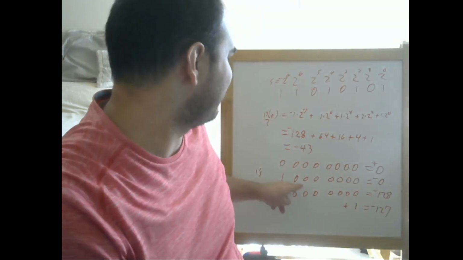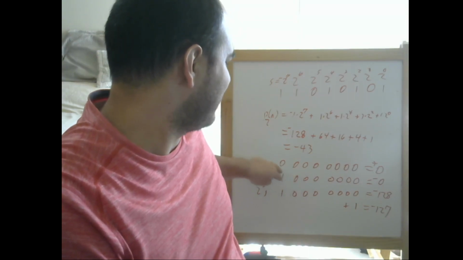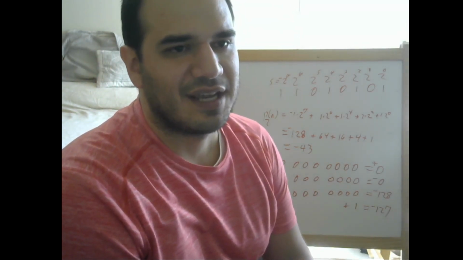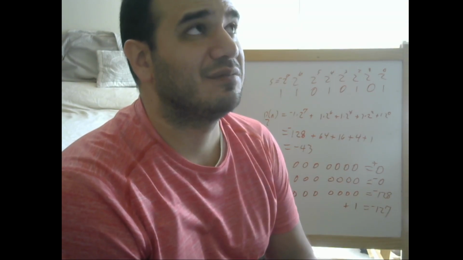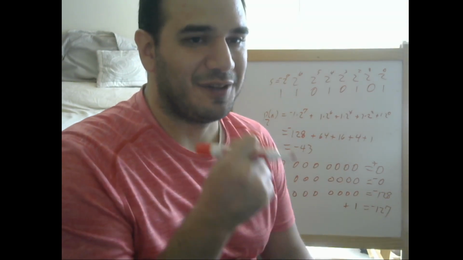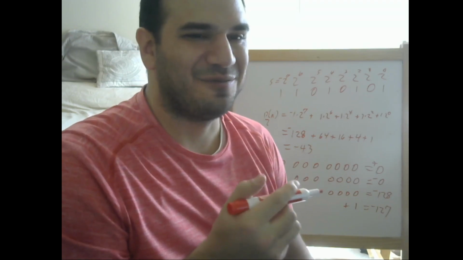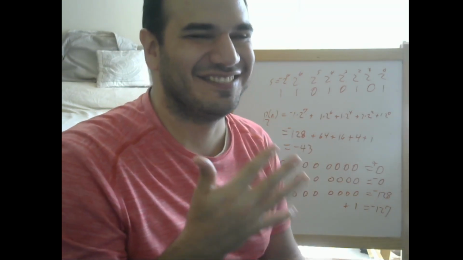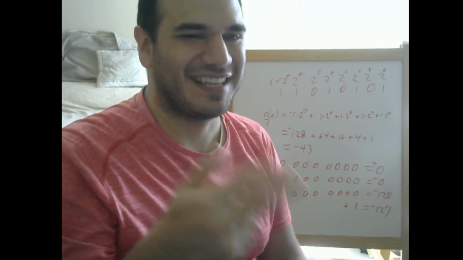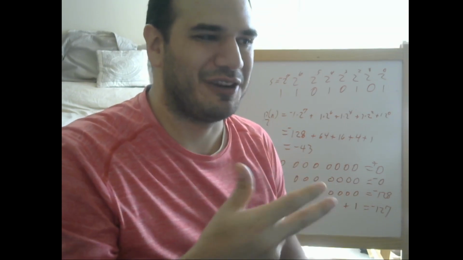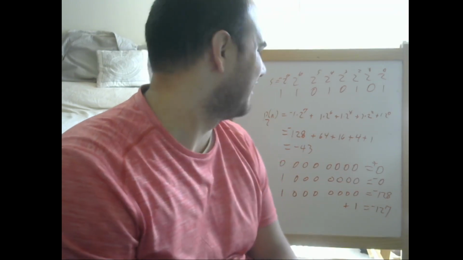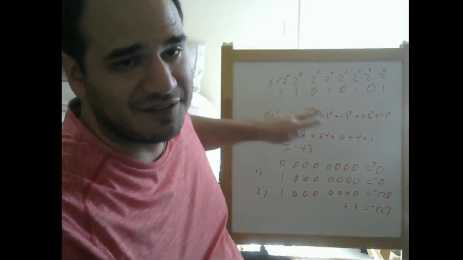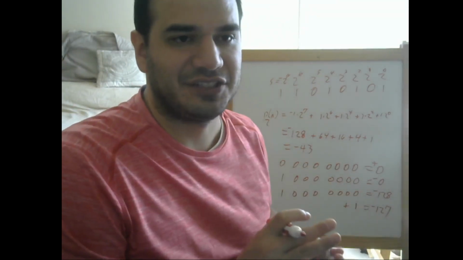And so in one's complement, whenever you flip the bits, you're really just flipping this one bit, so it's pretty easy. But whenever you do it in two's complement, you flip every bit and then you add one, and that's in both directions. So it seems a little odd, but the operation cancels itself out so it's periodic every two times it's applied. Okay, so this rule of the most significant bit, that's not unique to just a byte, right?